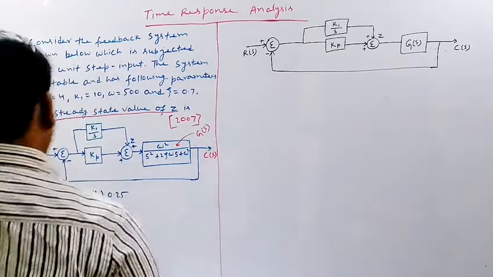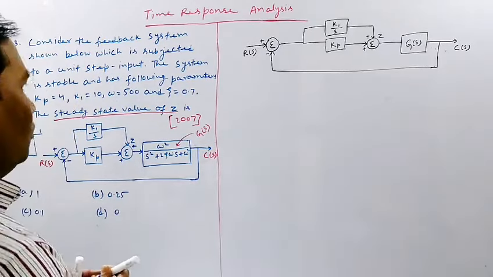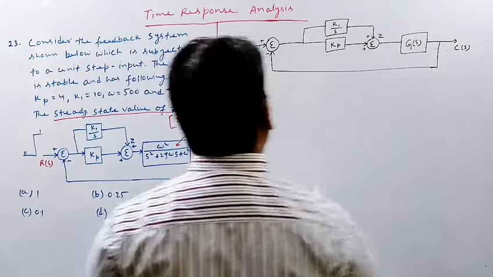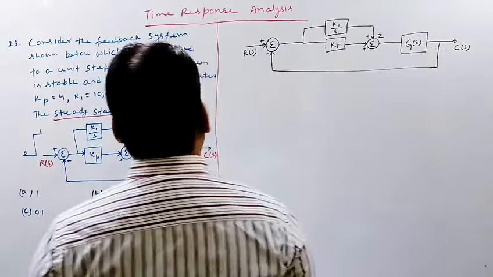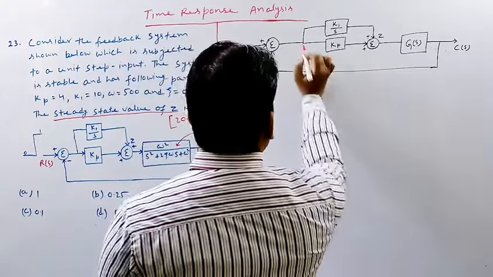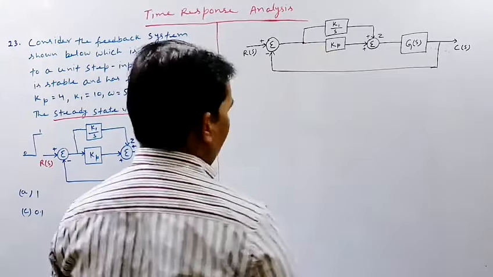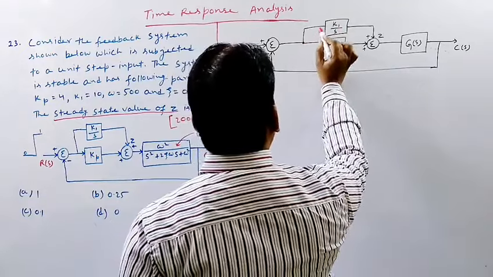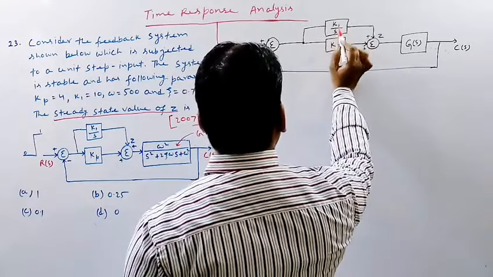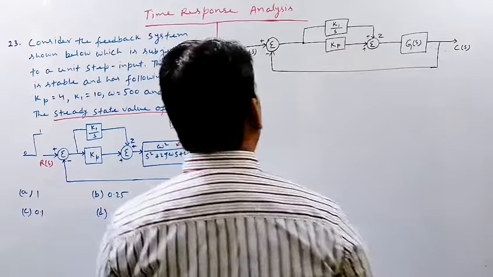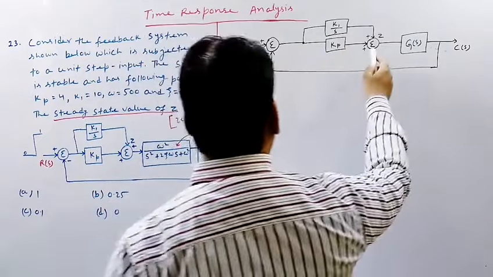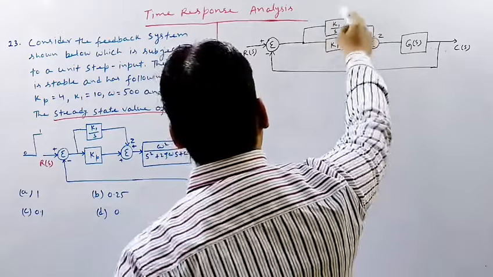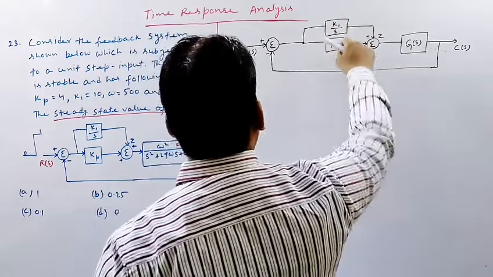So now there is one loop, and there are two forward paths from this point. Because there are two forward paths, and both forward paths are adding at the same point, the equivalent of these two forward paths will be Kp plus K1 by s.